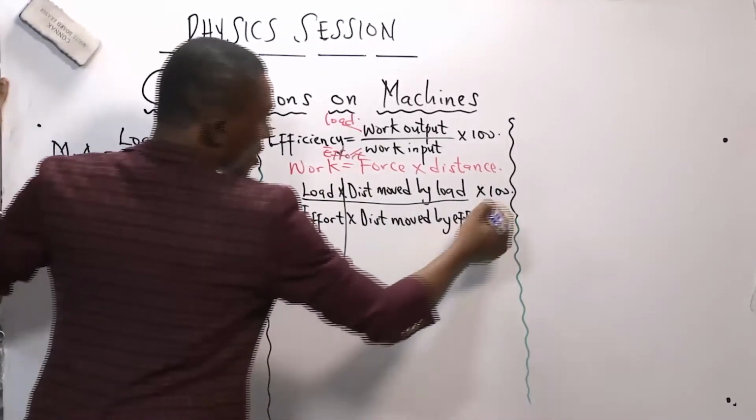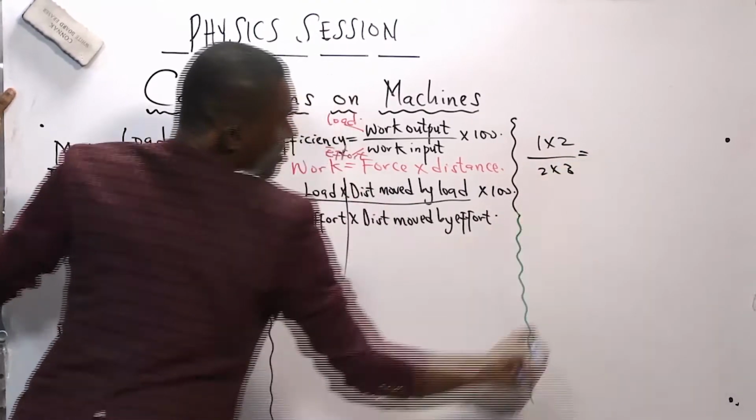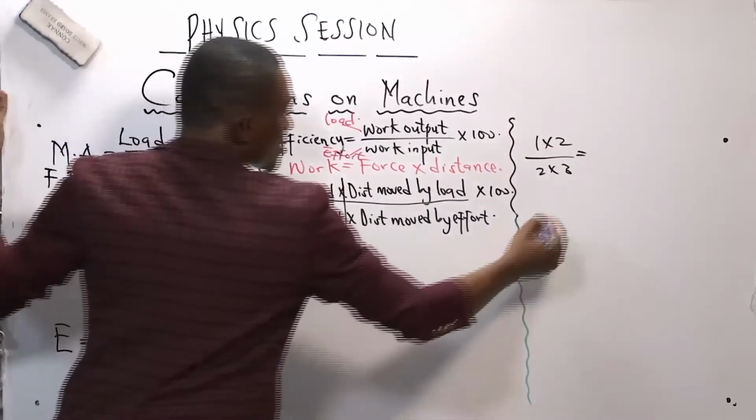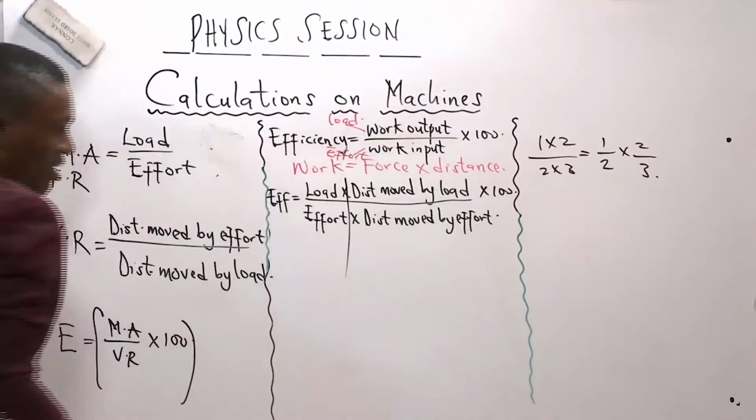We all know that when we have something like 1 times 2 over 2 times 3, this expression can be written as 1 over 2 times 2 over 3. So that's what I want to do here.